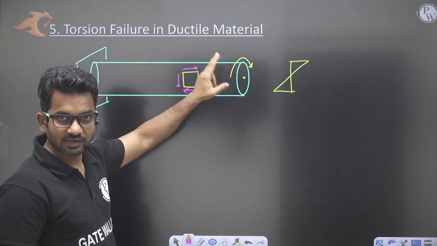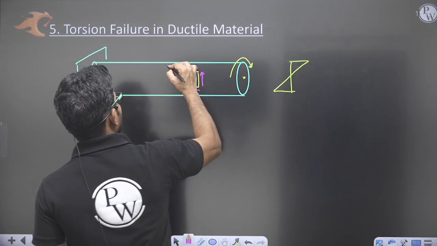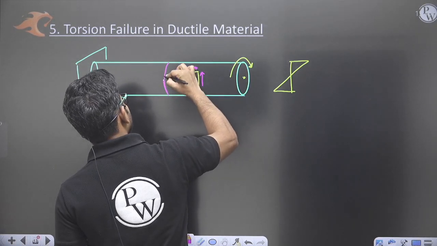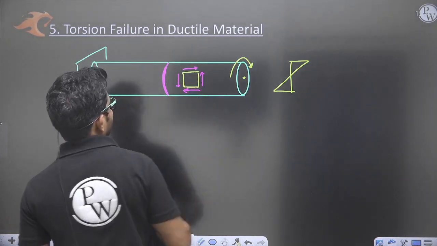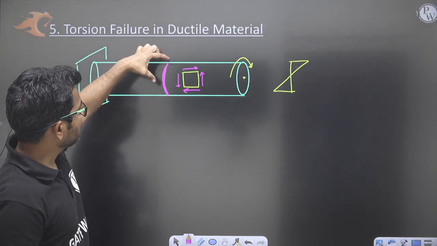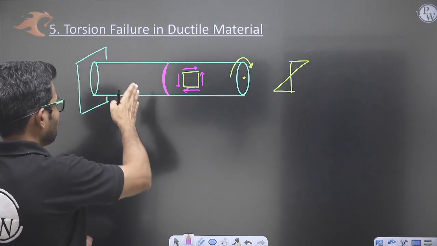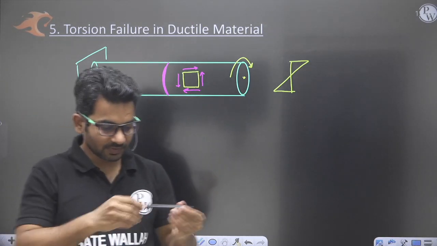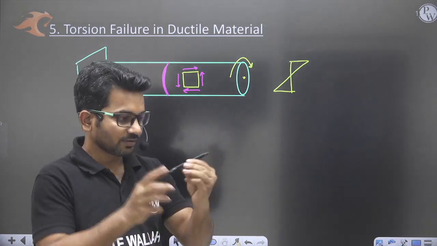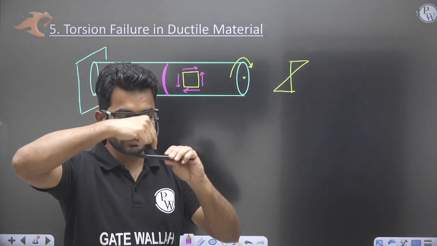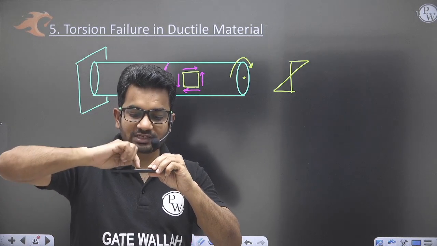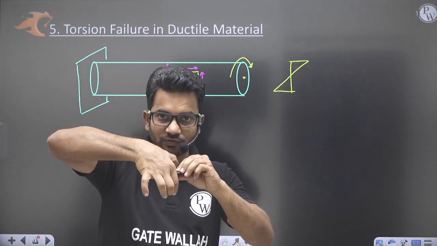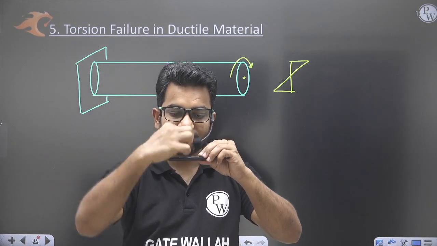Ductile material is weakest in shear, and shear is coming at this 90-degree surface. So the failure plane is at 90 degree. I am drawing this curved line, but when I draw a straight line, a circle, on the surface of a cylinder, this curved line will look like this only.